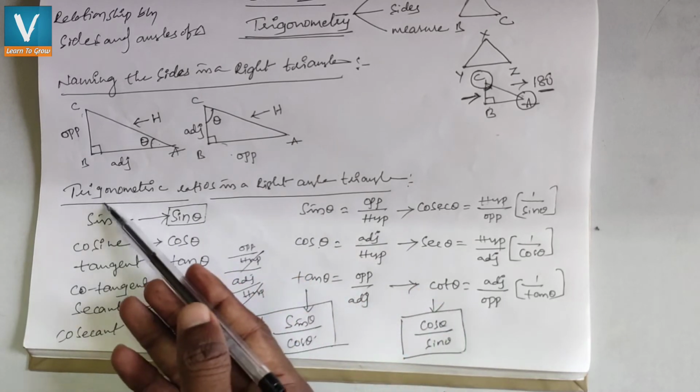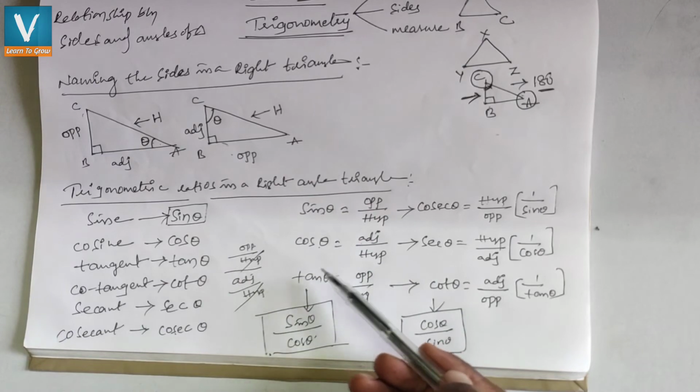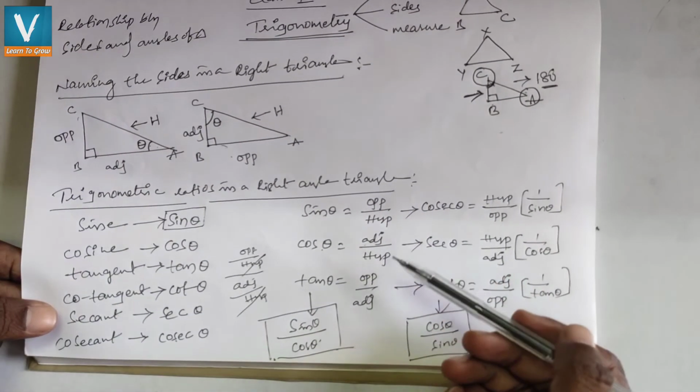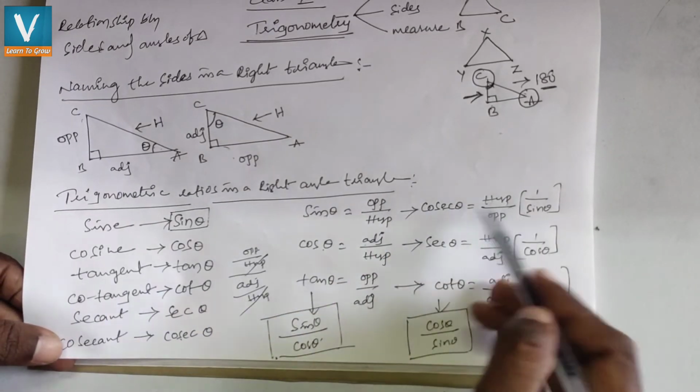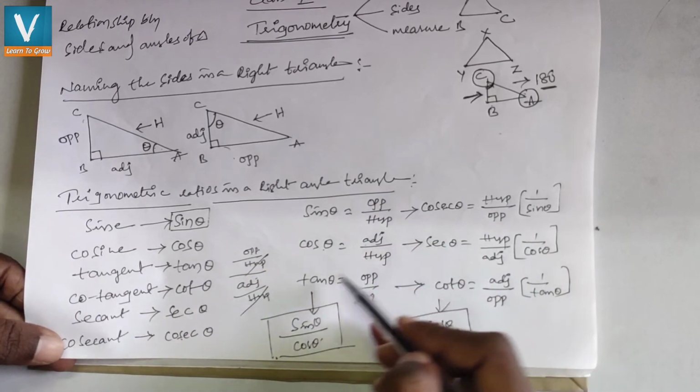These are the trigonometric ratios in a right angle triangle. In short form, how do we remember these formulas? Let us observe this short form indicating the relation between the formulas: sine and cosec, cos and sec, tan and cot.